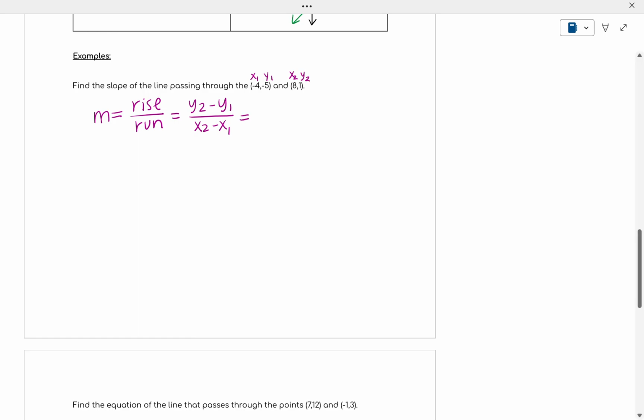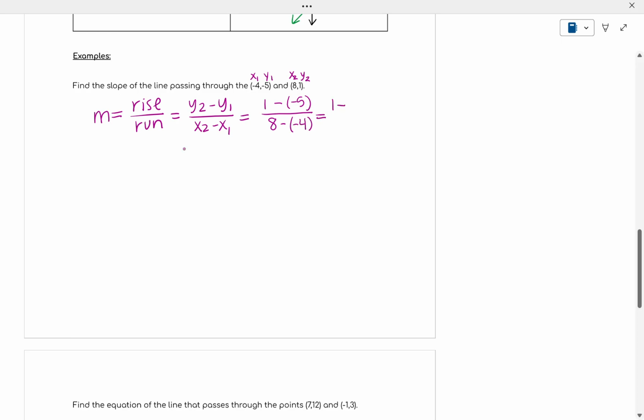So now we just substitute these values into the formula. So y2 is 1, y1 is -5, x2 is 8, x1 is -4.